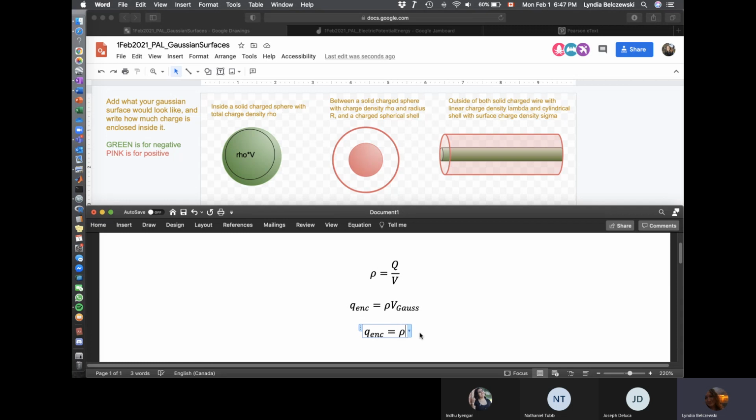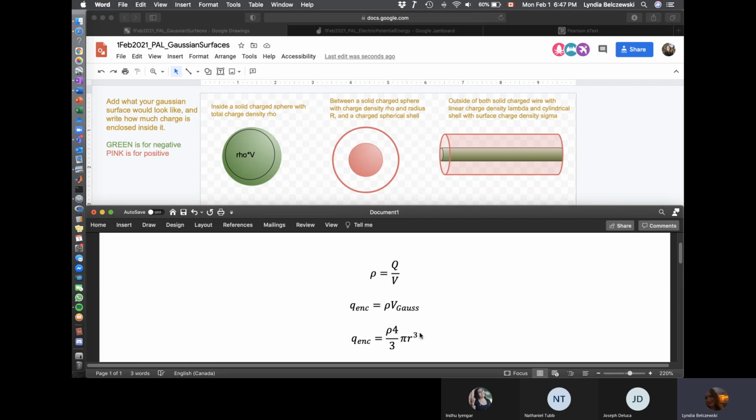And the volume of the Gaussian surface, that would be our 4 pi. Oh, that should be 4/3. I hope you understand what I'm trying to do here.